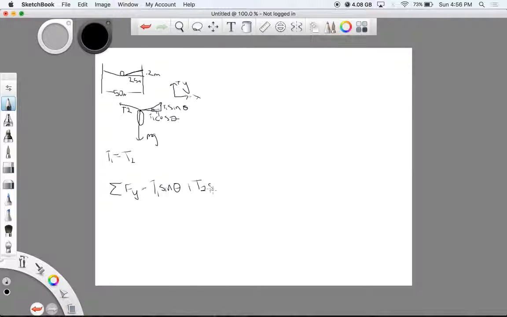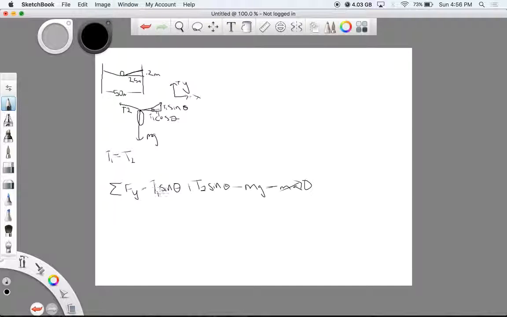That equals mass times acceleration, but the bird is at rest, so we can make that go to 0.